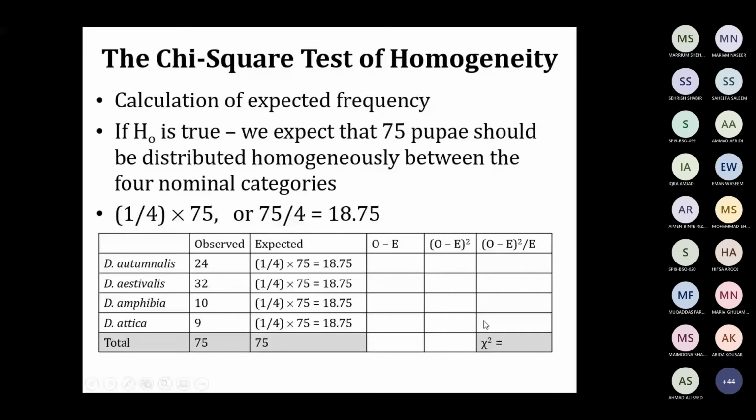Ma'am, you explained that we do not round off count numbers, please explain that once more. Yes, that is what I told you: count is naturally rounded off if we are stating our result. But here we are not stating a result, we are just using it for calculation purposes. So in the calculation, we have to use this as such. Because if we round this off, it is going to create a problem in the calculation, and we are not going to get the actual chi-square value. So we have to keep this as such.